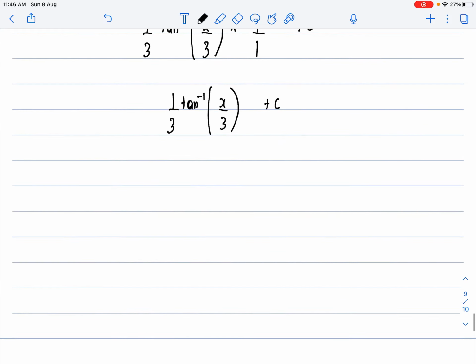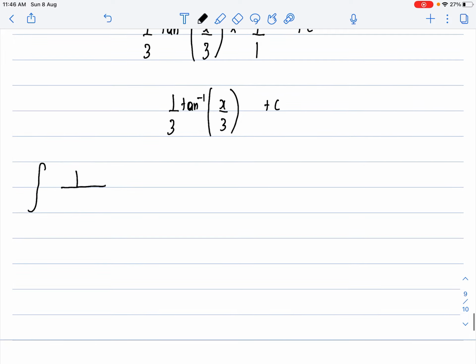Now, what if I ask you something like the integration of 1 over 4x square plus 9 dx. The first thing you need to do is convert this into a proper form. Now you need to pay attention. I need to get 4x square in a whole square format.